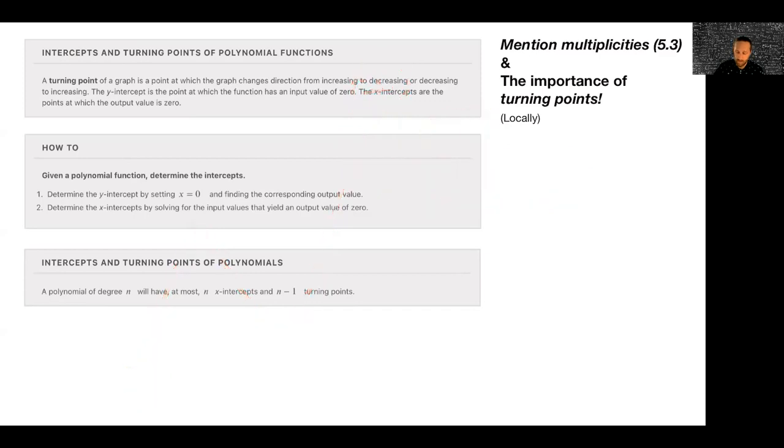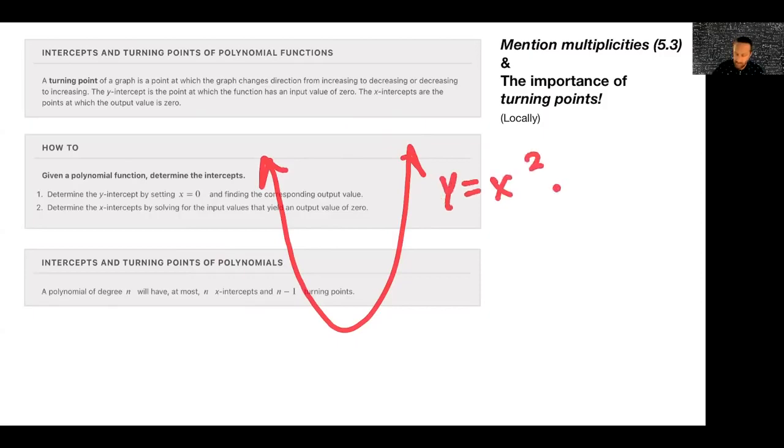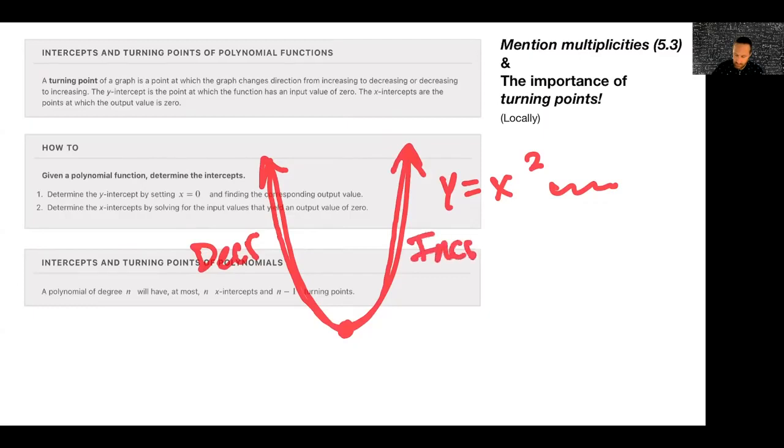What about a parabola? Let's just go upwards. How many turning points does this have? Well, hopefully you can see there's only one. We went down, down, down to a point and then up indefinitely. Decreasing here, increasing here.